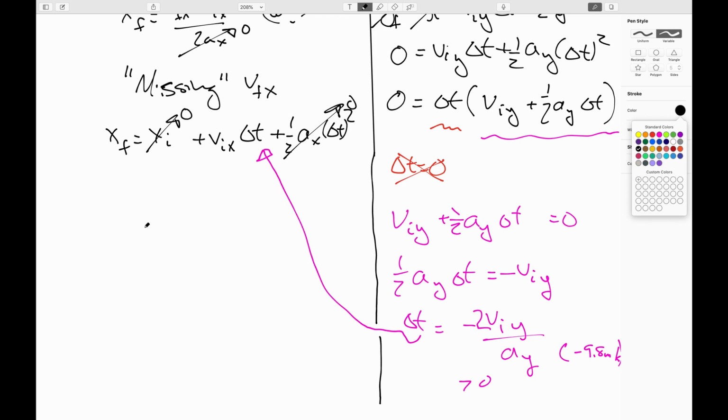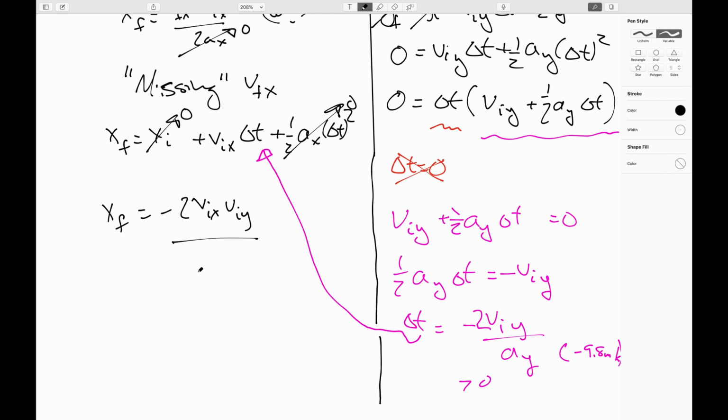So now we can finally go back to solving for X final. So X final will equal, well, we have a V initial X, then bringing in all the rest of the stuff, we have a minus 2, a V initial Y, and an A sub Y. Okay, and we remember that V initial X was V initial cosine theta.